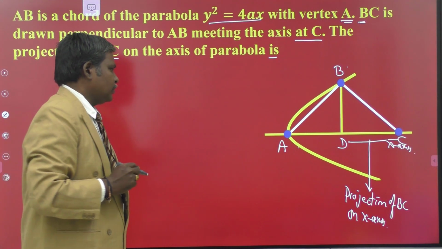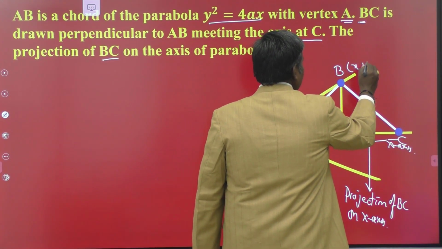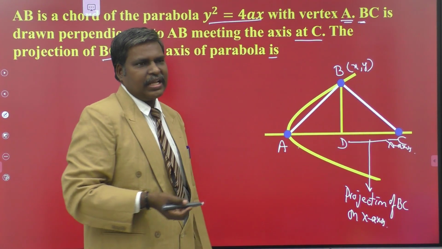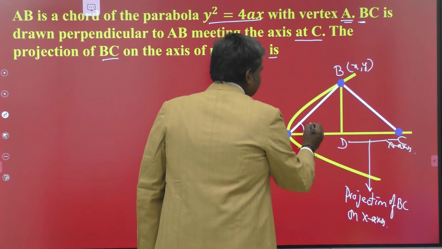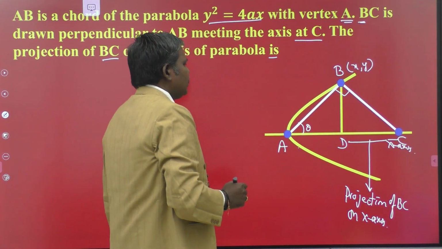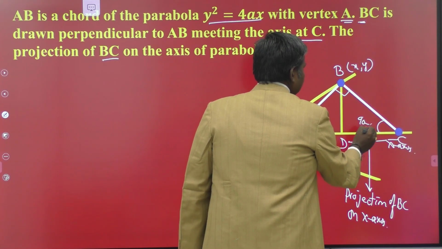How to crack this one? Suppose the coordinates of B are x comma y, or you may take x1 comma y1 also, no problem. Let the angle be theta. We are drawing the perpendicular at B to AB, that is 90 degrees, so the other angle is automatically 90 minus theta.